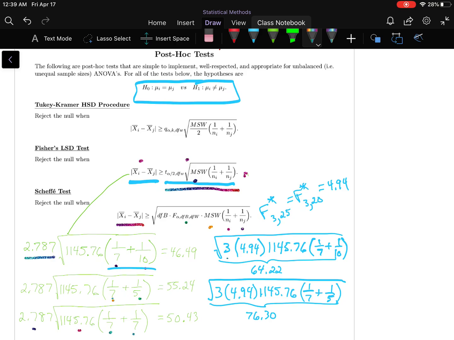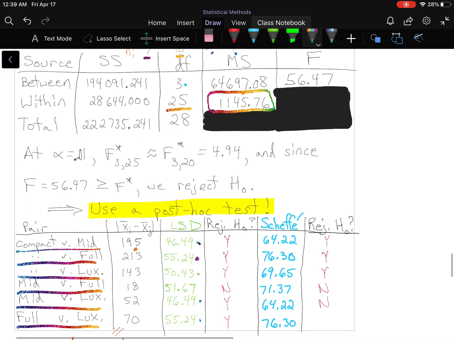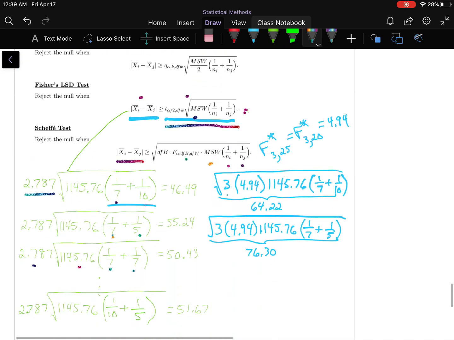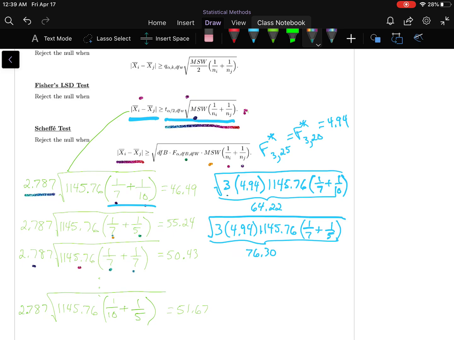Between degrees of freedom is 3. Within degrees of freedom is 25. And so when you look up F star 3 comma 25, you're going to see that 25 denominator degrees of freedom is not in our table. So I go down to 20, and the corresponding critical value is 4.94. So that's what I'm plugging in here.